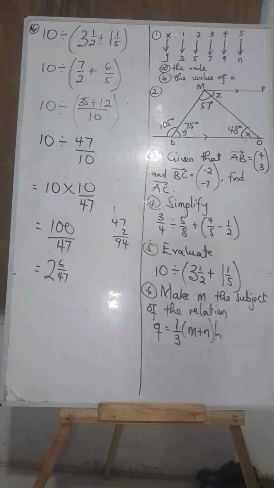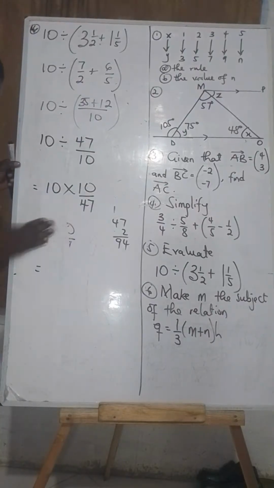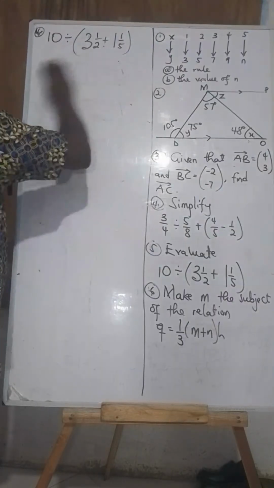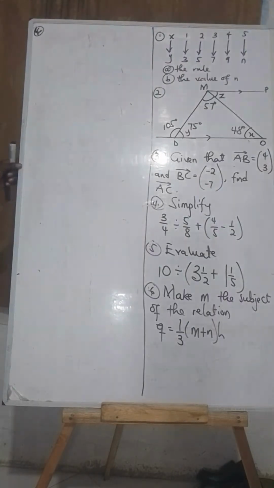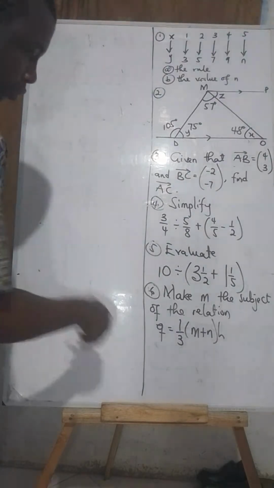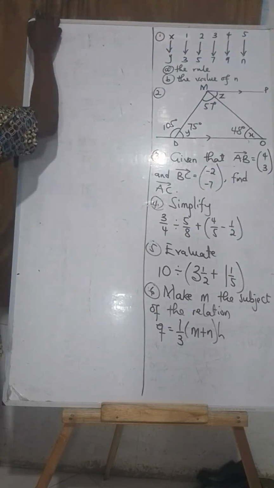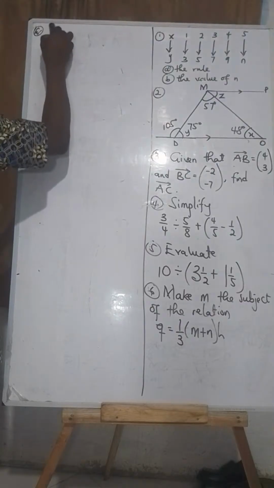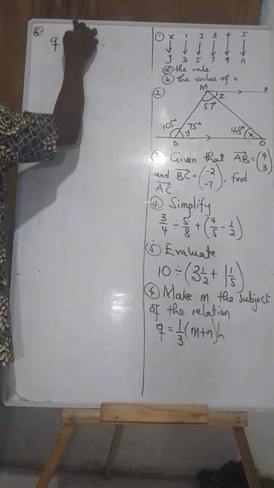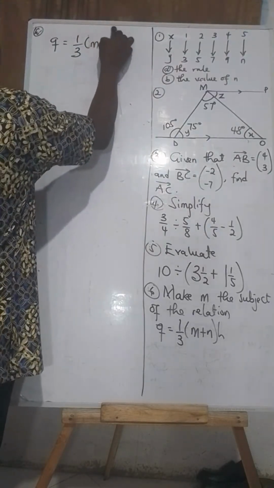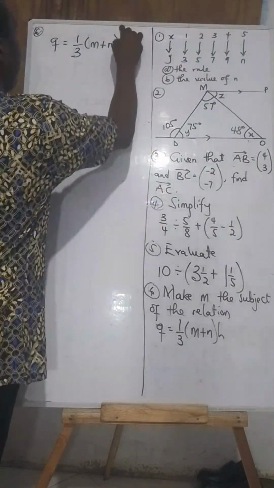Right. So now the last thing is change of subject. Here we have Q equals 1 on 3 of (m plus n) by h.